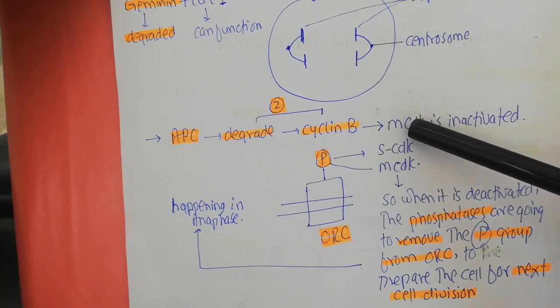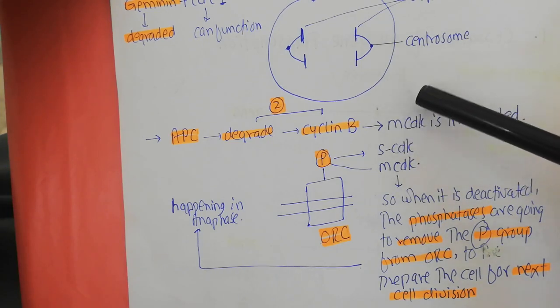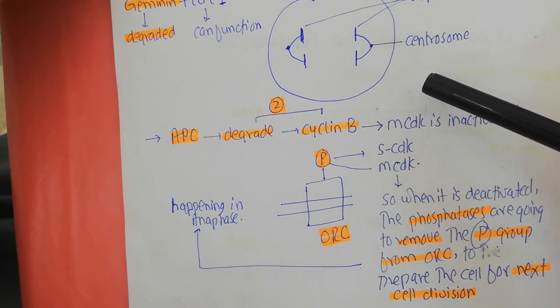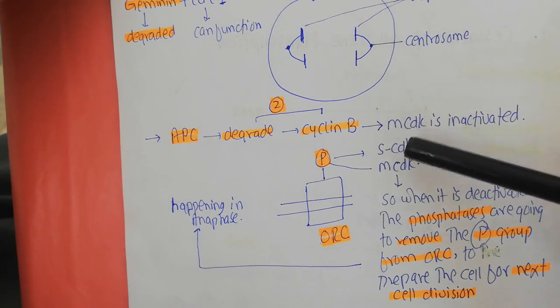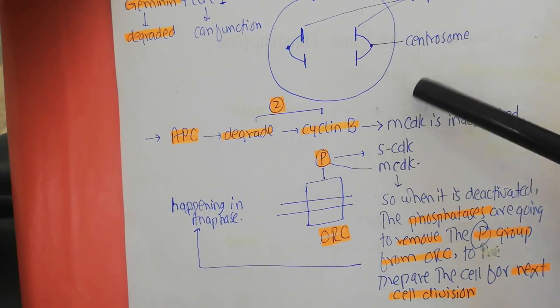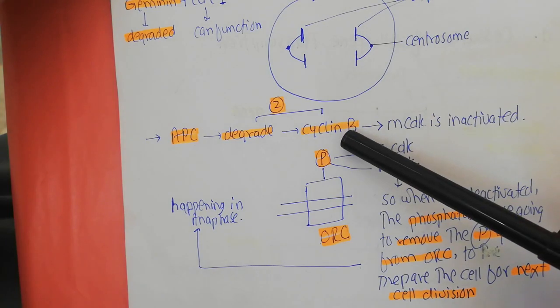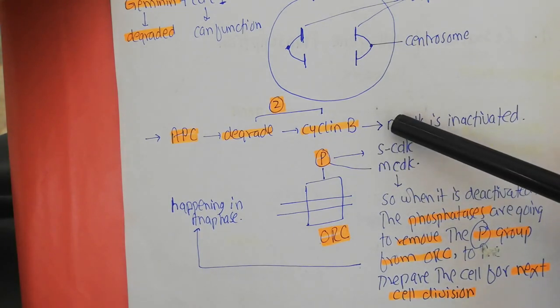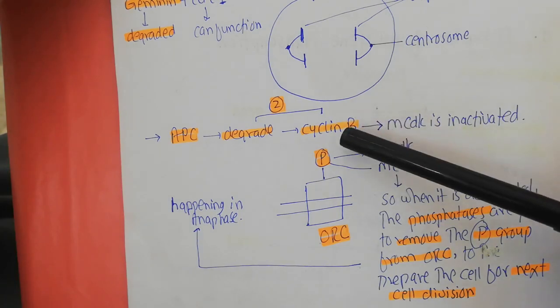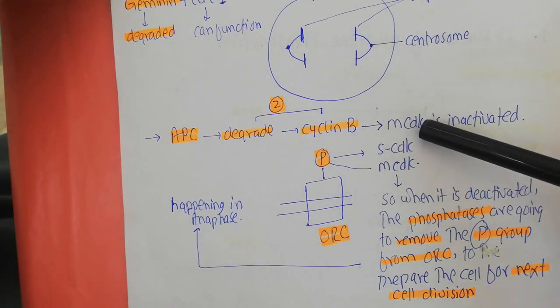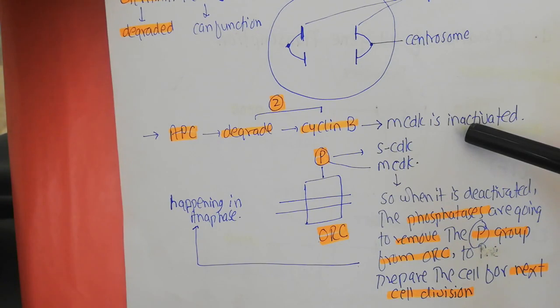If you remember, the MCDK was a complex of the CDK1 and the cyclin B, and the CDKs, they are the cyclin dependent kinases, and if you degrade their respective cyclin, those particular CDKs get inactivated. So once you have degraded the cyclin B, that means your MCDK is going to get inactivated.